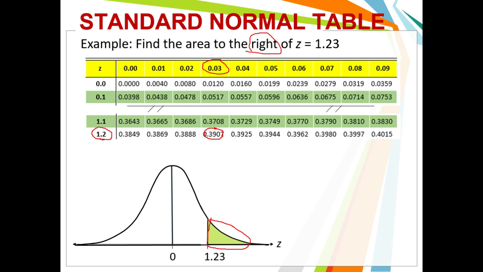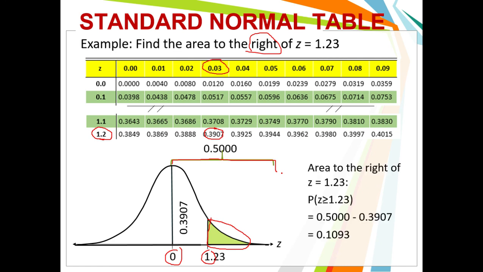Okay, so sa table, yung area natin from 0 to 1.23 is 0.3907. So that is simply the difference ng half ng curve, which is 0.5, minus the tabular value na 0.3907. So the difference is 0.1093. So that is the area to the right of z = 1.23.